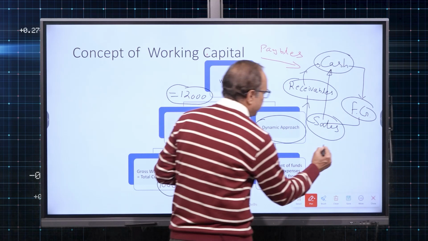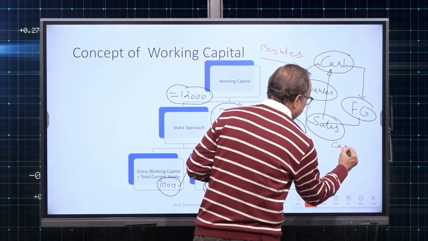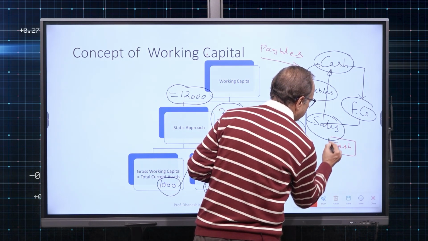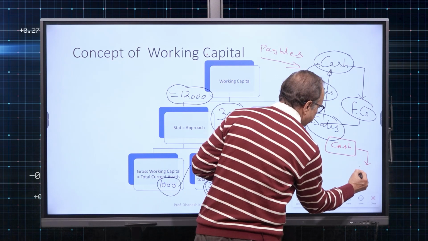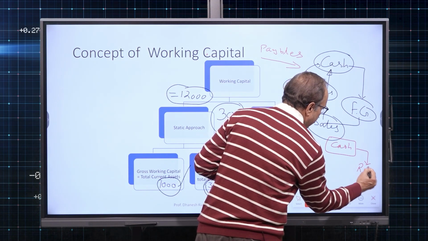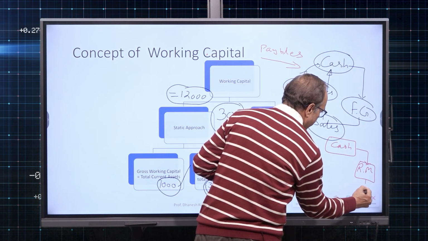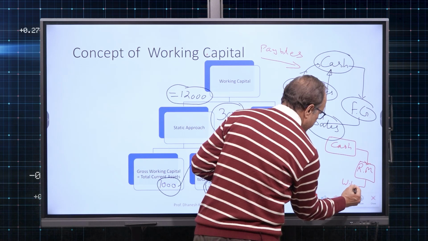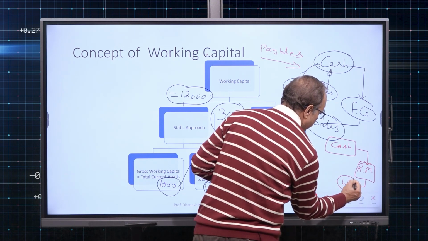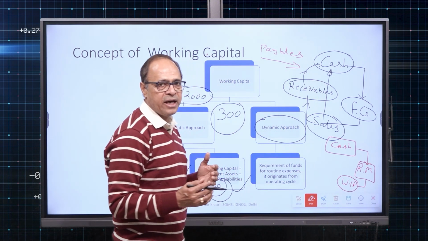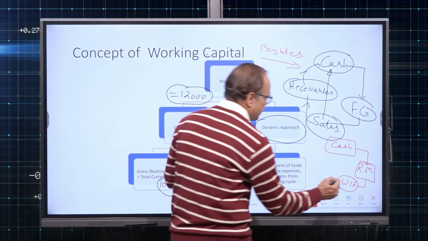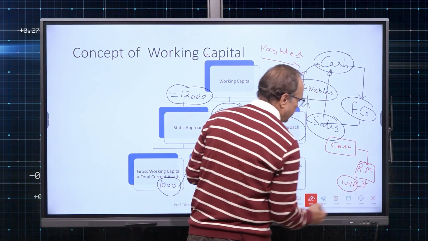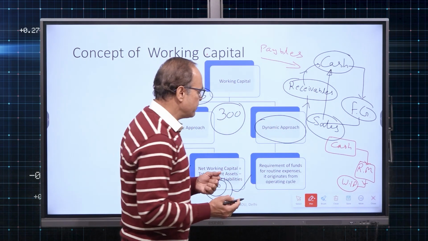Similarly, the operating cycle of a manufacturing business may be like this. We begin with cash, we buy raw material, and that raw material is processed. That means we are spending some money on that by paying electricity expenses, conversion charges, finishing charges and all that.